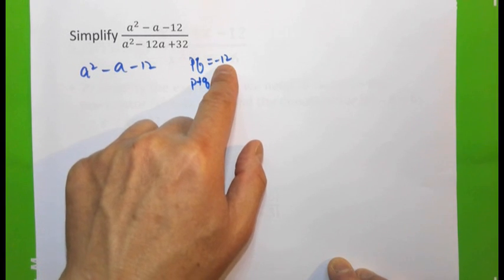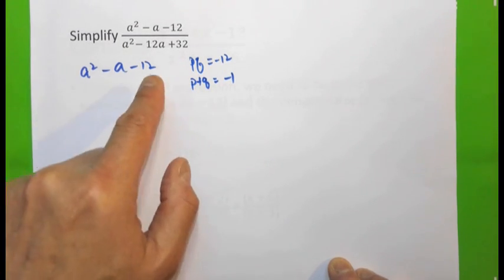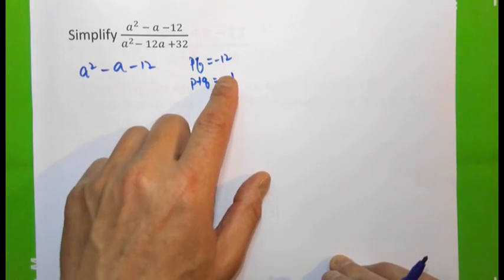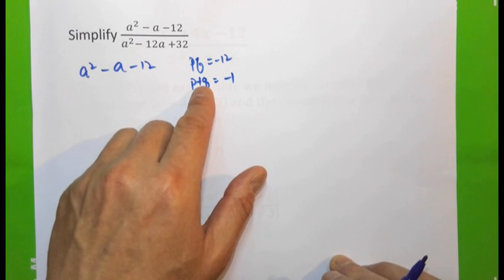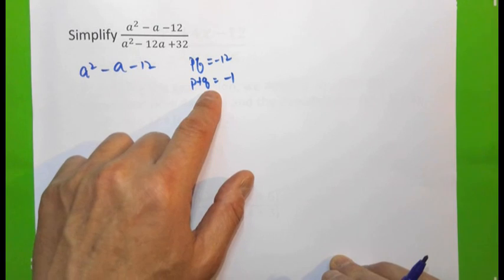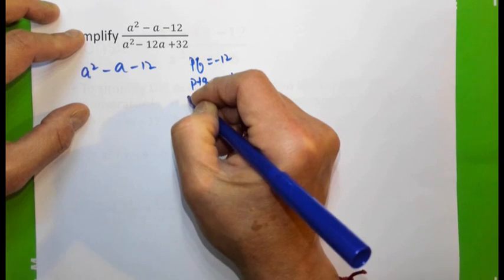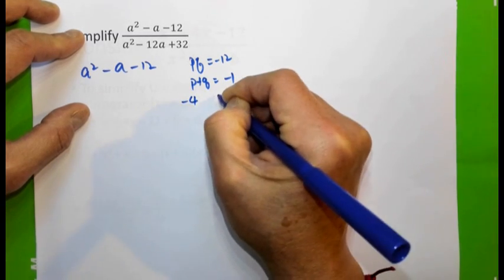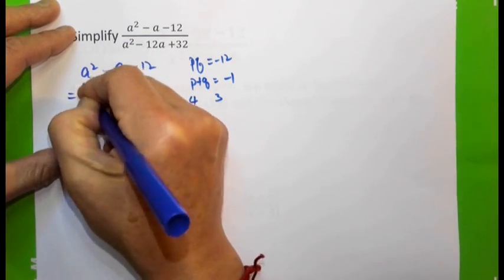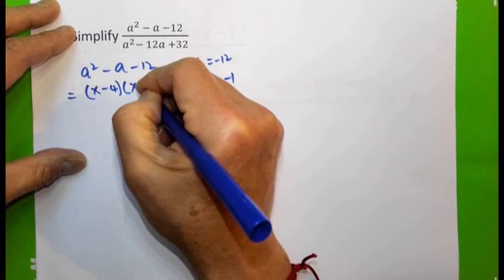But because we needed a minus, and p plus q is minus 1, one of them is actually a negative number. p plus q, we've got minus 1. Therefore, we know that the negative number has the greater magnitude. So 4 is the negative number, and 3 is the positive number. So that factorizes as x minus 4, x plus 3.